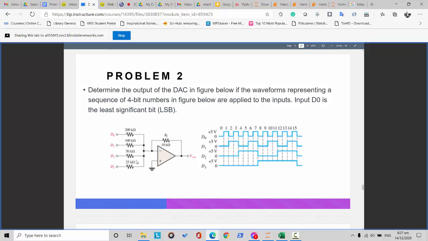Here we have resistances of 25 kilo ohms, 50 kilo ohms, 100 kilo ohms, and 200, so it's actually doubling. They are all connected to the inverting input, and we have the final resistor here of 10 kilo ohms. Basically the illustration of the signal is given here. We have some impulses here from 0 to 15.